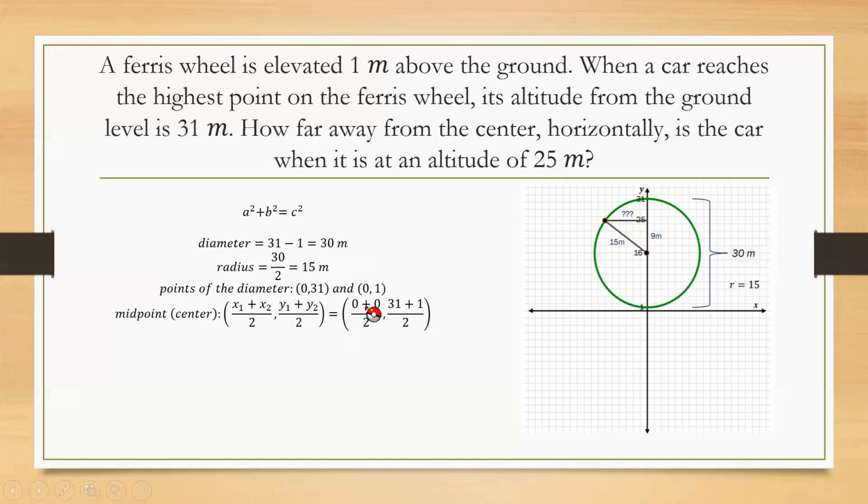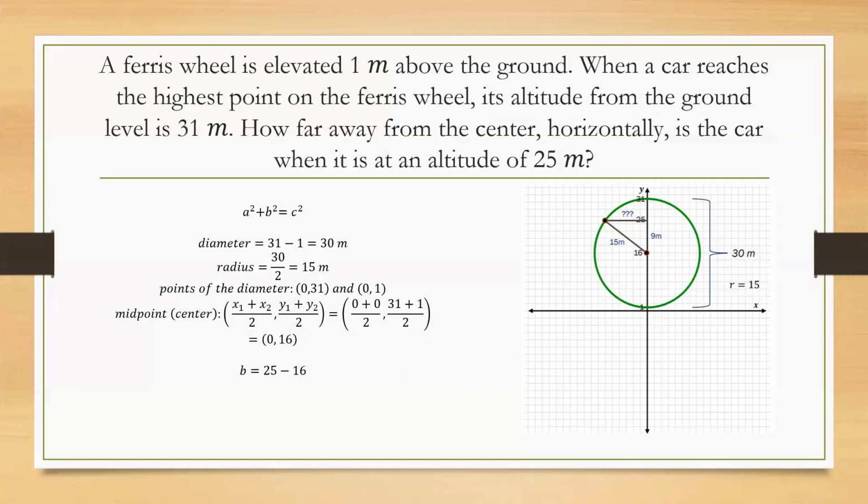So 0 plus 0 is still 0, divided by 2, it is still 0. 31 plus 1 is 32, divided by 2 is 16. So therefore, our center is at (0, 16).